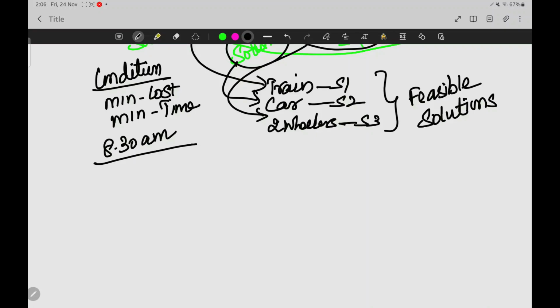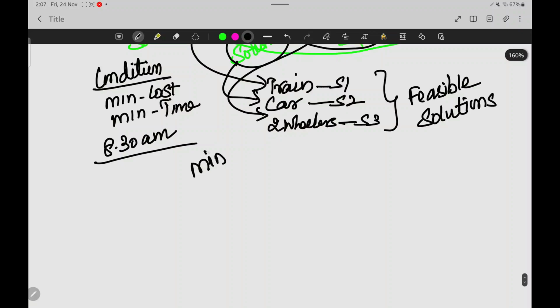So among these feasible solutions, we reach this problem. What is the main problem? Minimization. This is the constraint. Time and cost should be minimized. That is the main aim of this one. So suppose if we take train, the cost may be minimum, but maybe they have to get down and walk some distance.